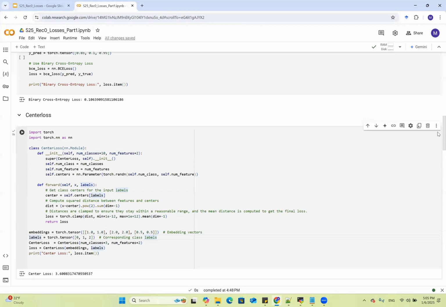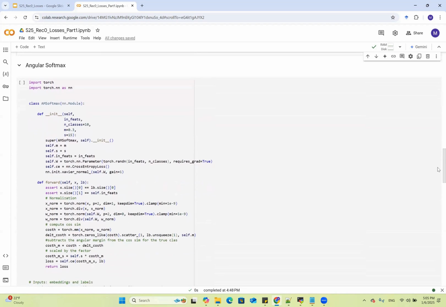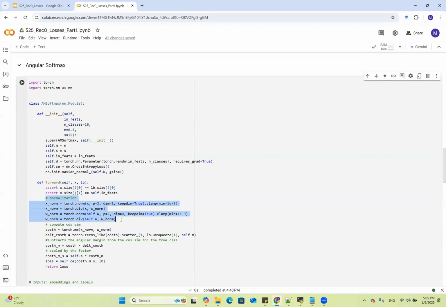For the angular softmax, we don't have a built-in implementation. So as we can see here, first of all, we normalized the embeddings and their corresponding weights. Then we computed the cosine similarity between the embeddings and their weights.